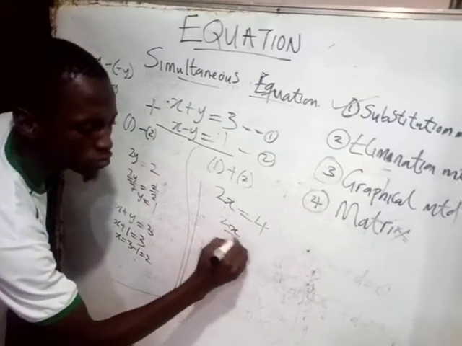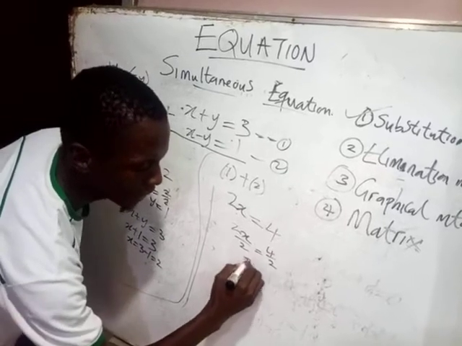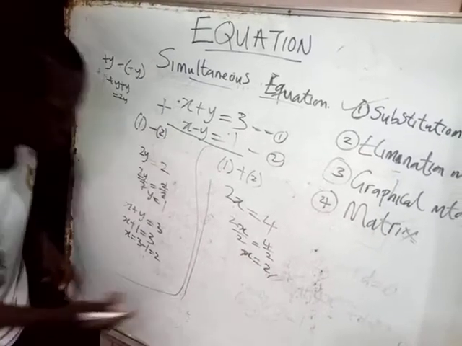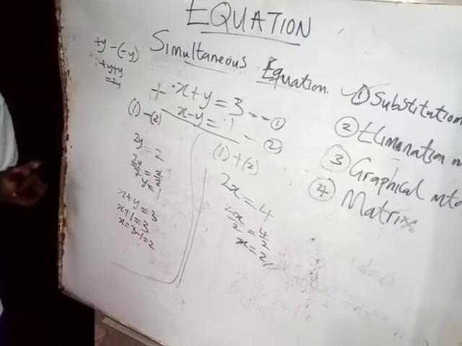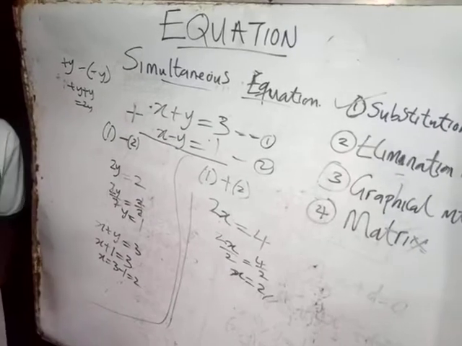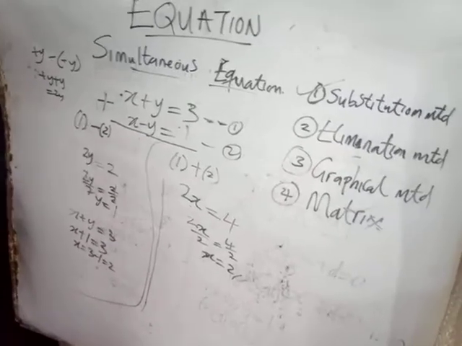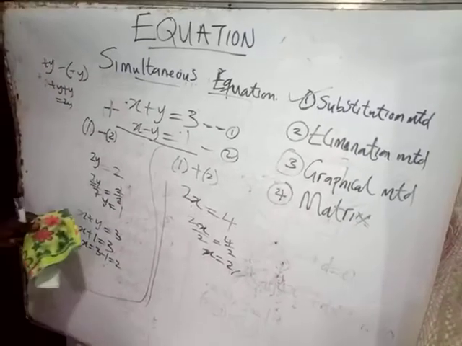Divide both sides by 2, because the coefficient of x is 2. x is equal to what? 2. The same thing as what you get here. So you can use the same method to get here. We can just stop here for the elimination method, example 1.